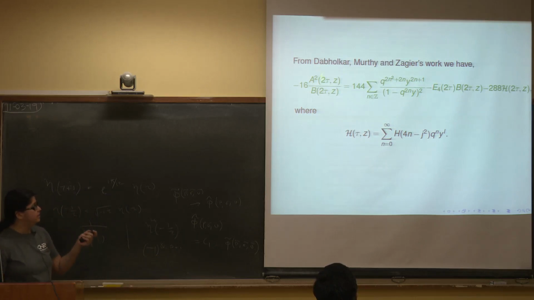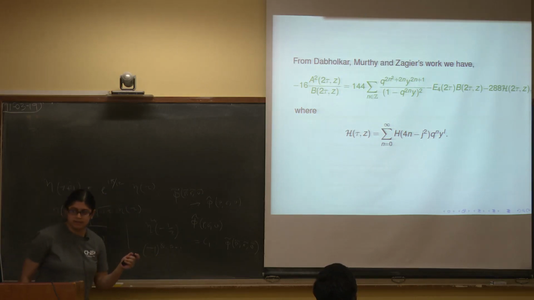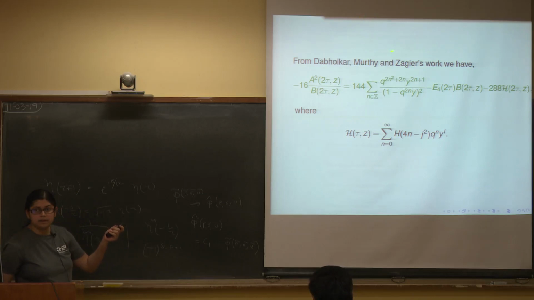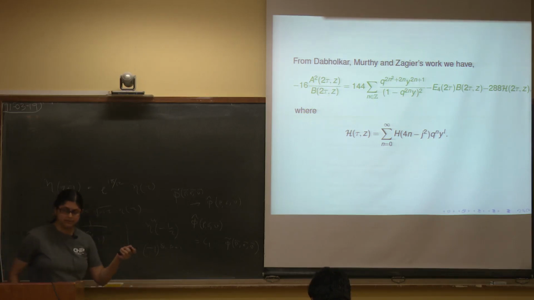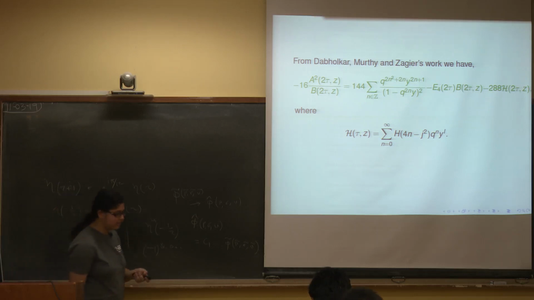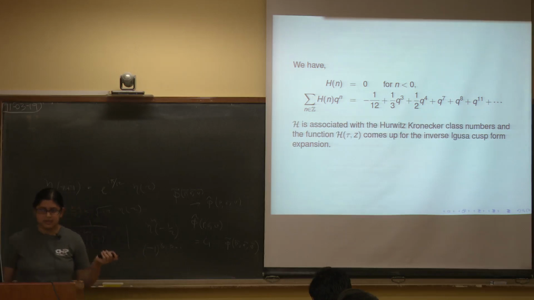From this DMZ paper, you can write this A squared by B as an Appell-Lerch sum, and then there is a finite part, and this curly H is a mock modular form given in terms of the Hurwitz-Kronecker class numbers, and this is the definition, or the series expansion, of H_n that you can see.